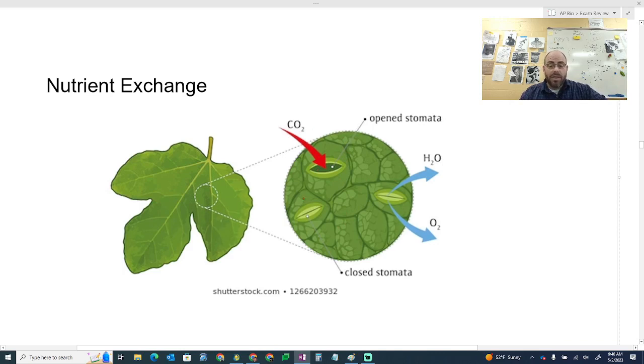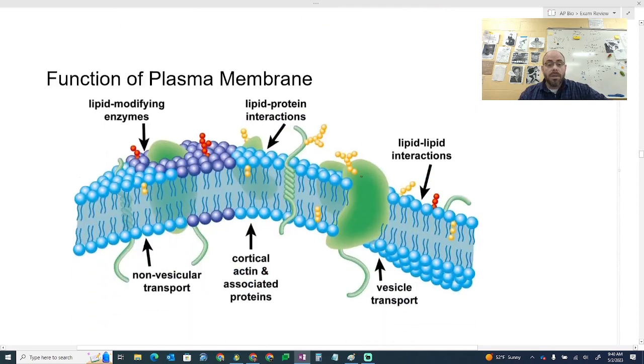If it doesn't have a lot of CO2 or it needs to conserve water, because water is released through the stomata, then it's going to have fewer stomata per square centimeter than a plant that has more ideal conditions. And so nutrient exchange is another thing that uses this idea of surface area to volume ratio.